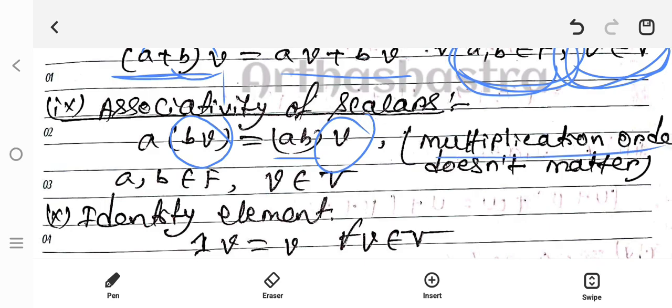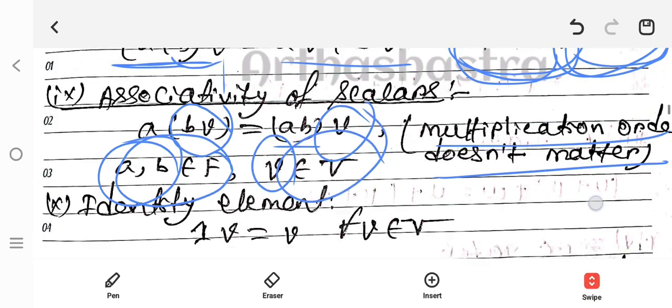So multiplication order does not matter here. a and b are scalars which belong to field F, and vector v belongs to space V.